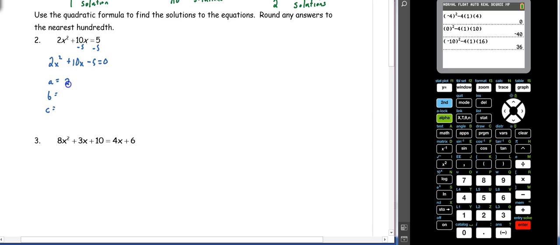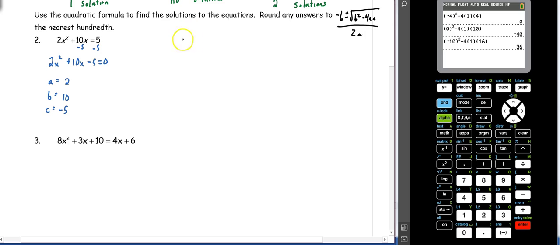Now I can identify my a, b, and c values. The a value is 2, it's in front of x squared. The b value is 10, it's in front of x. And the c value is -5, which is the value by itself. So we're going to substitute these all into the quadratic formula. And remember from yesterday, the quadratic formula is -b plus or minus the square root of b squared minus 4ac, all over 2a.